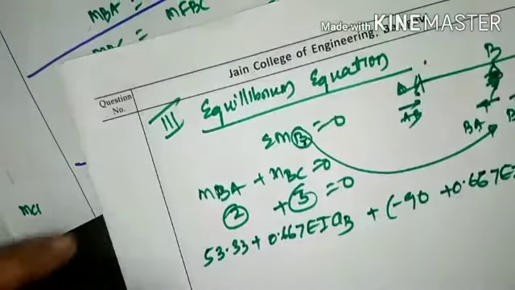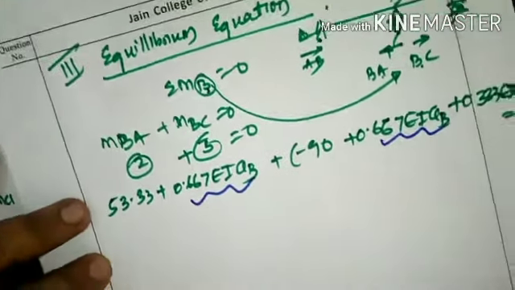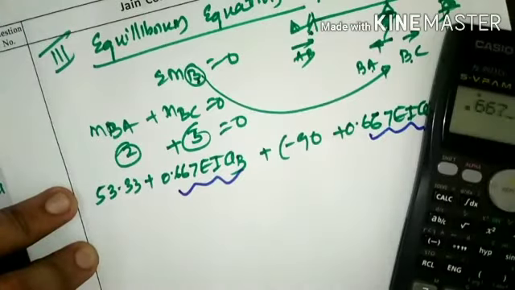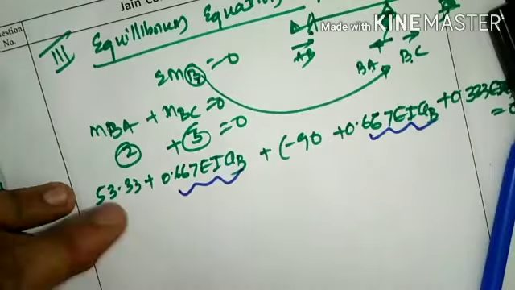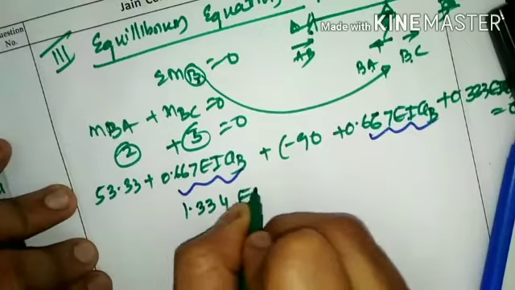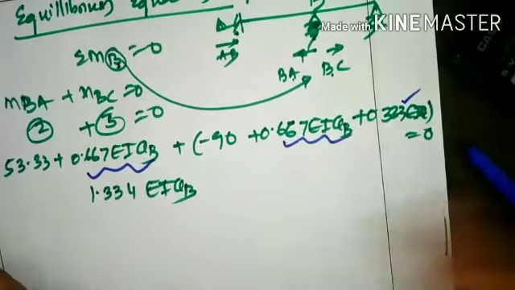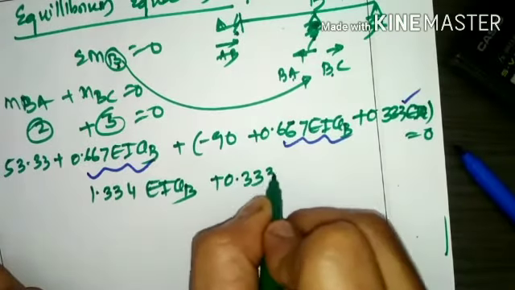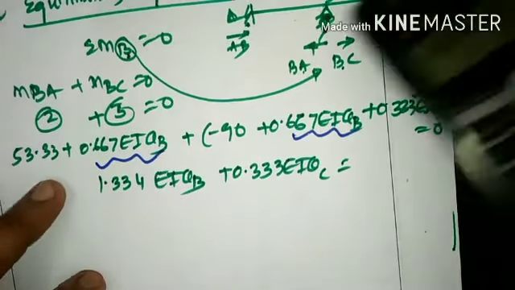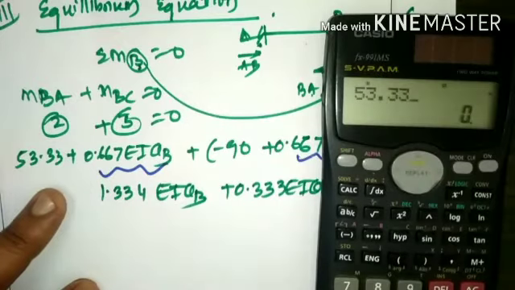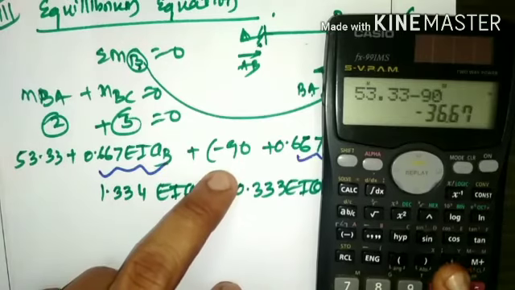Rearranging by considering the similar terms, you have EI theta B here and EI theta B here. 0.667 plus 0.667 will come out to 1.334 EI theta B. Likewise, you have only one EI theta C term, so write it as it is, 0.333 EI theta C. Then on the left hand side, 53.33 is positive and plus into minus is minus 90, so it is minus 36.67.